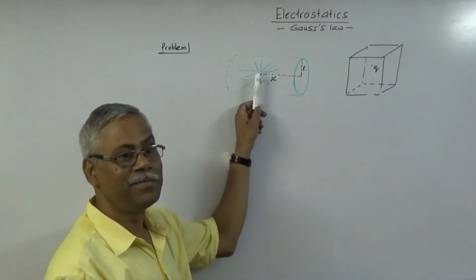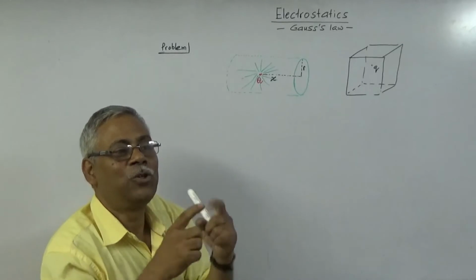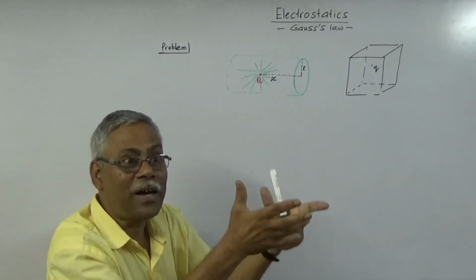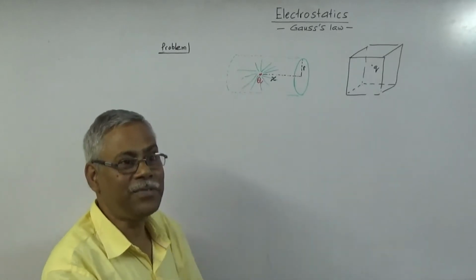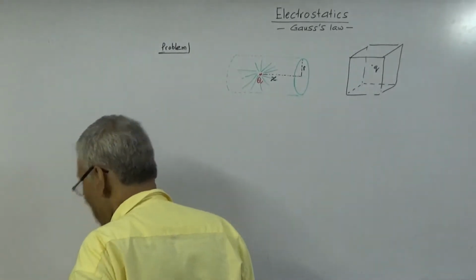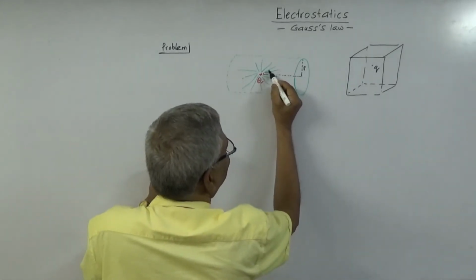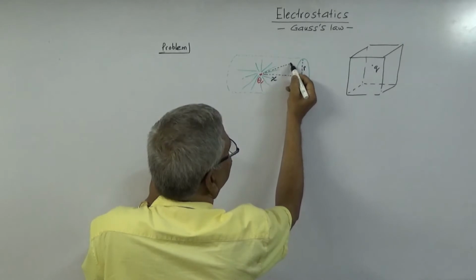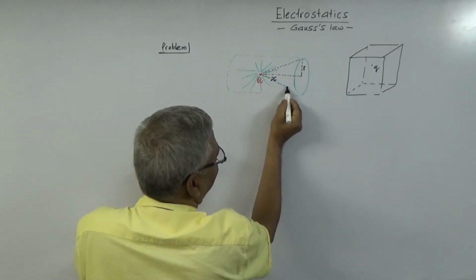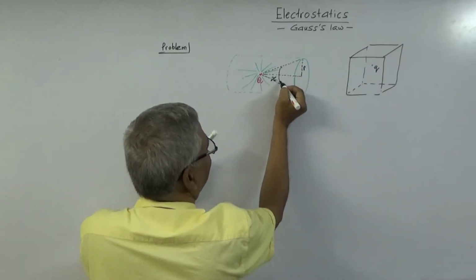This is a point. What is the total solid angle around that point? 4 pi. So 4 pi solid angle corresponds to Q by epsilon naught. And your job now is to calculate the solid angle subtended by this surface. Find this solid angle.